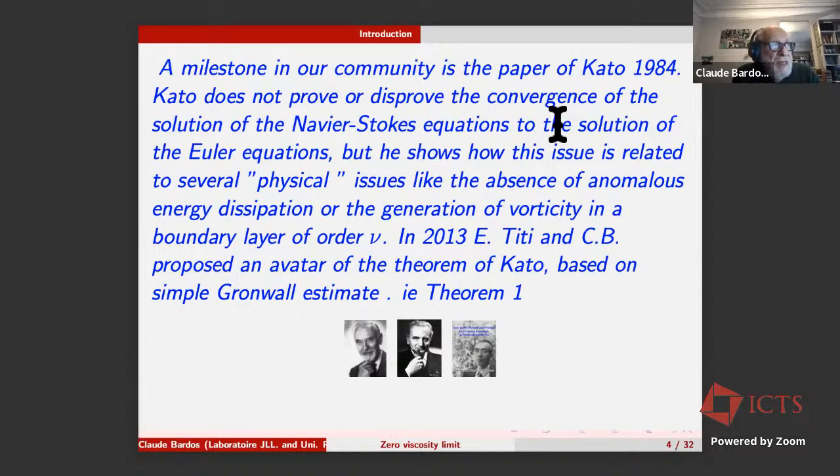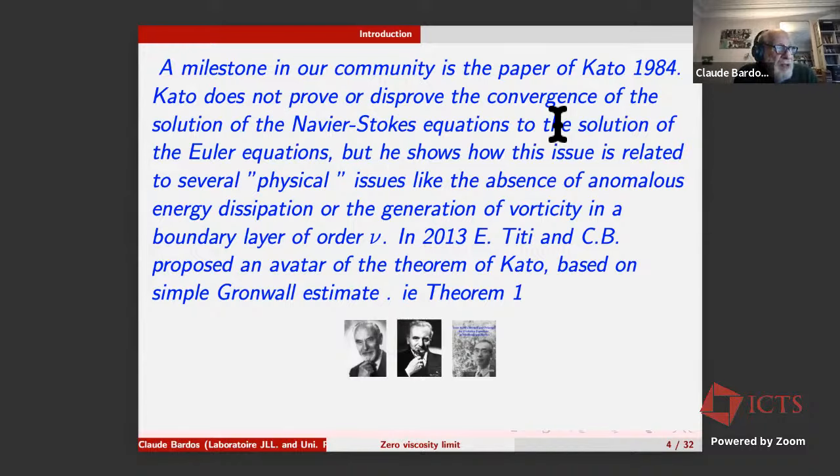Now, with Edriss Titi, we caught that, and we propose an avatar, or several forms, of this theorem of Kato, which is based on a very simple Gronwall estimate, I would say in the type of weak-strong relation as introduced in our community mostly by Dafermos.